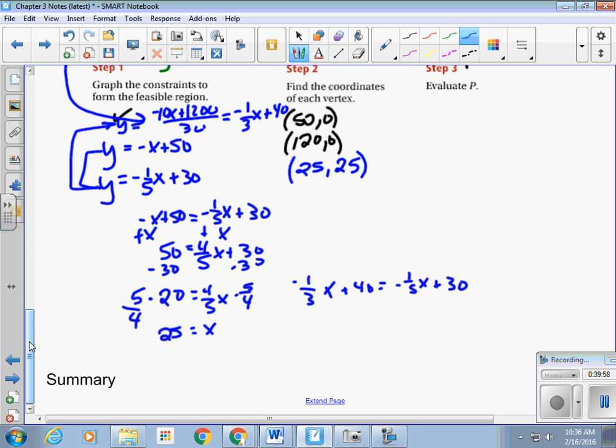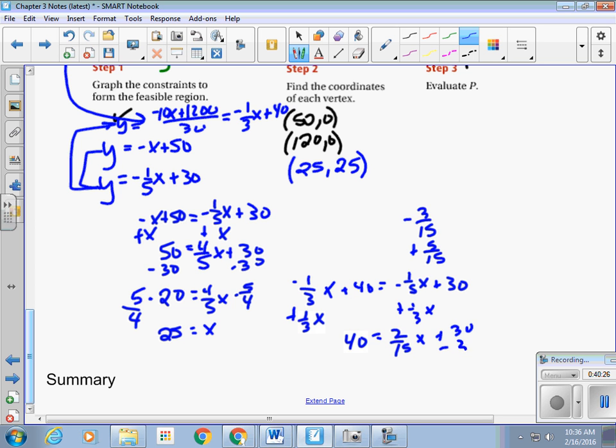Now let's add 1/3 to both sides. 1/3 x, I get 40 equals negative 1/5, so that would be 3/15 plus 1/3, which is 5/15, gives us 2/15 x plus 30.